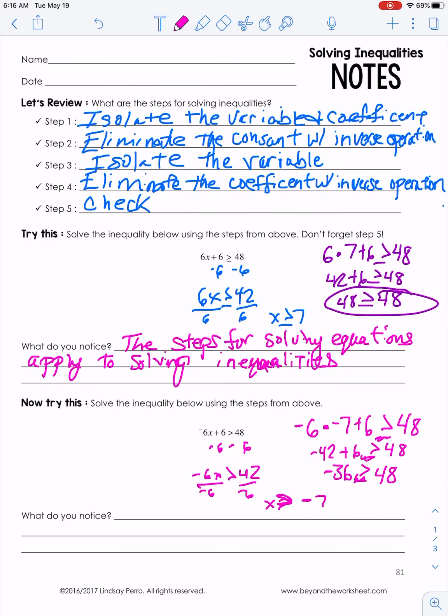Oh, I made a mistake. So that should be positive. This should be 48. Is that statement true? No. The solution is incorrect.